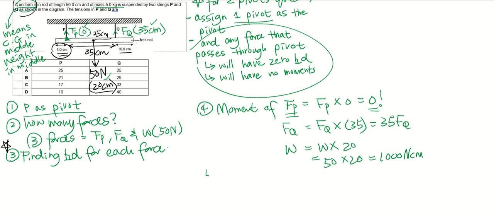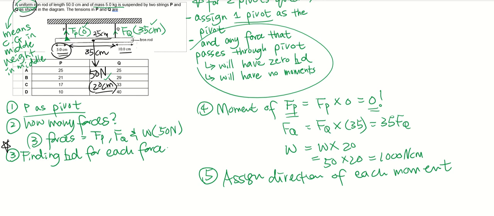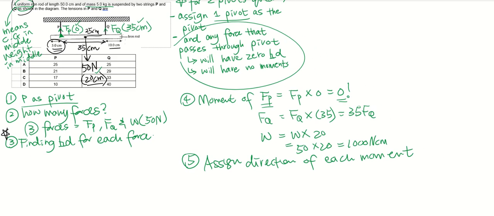So step number 5, assign direction. Assign the direction for each moment. So you will have to use my pen trick. That means you hold up a pen, hold up where the pivot is, which is pivot P, and then you apply each force, whether up or down, whether it is on the left or right of the pivot, and then you will be able to see if it is clockwise or anti-clockwise.